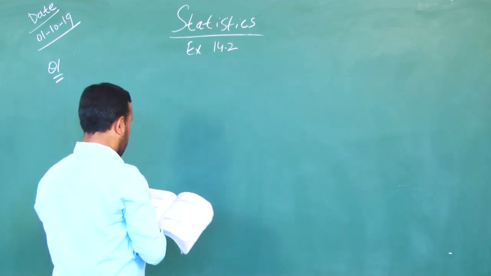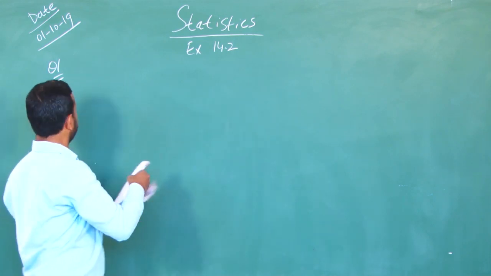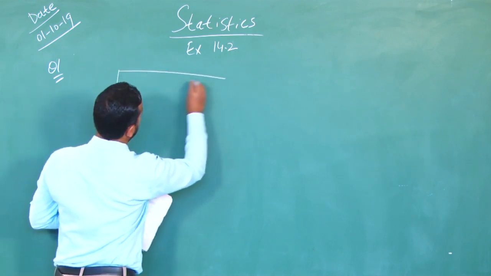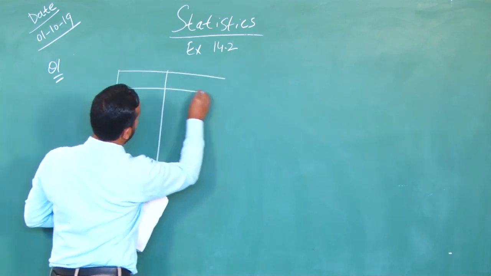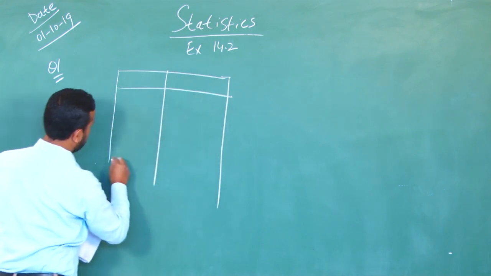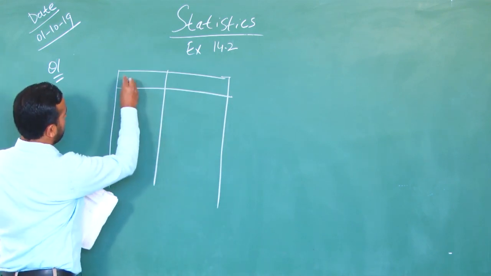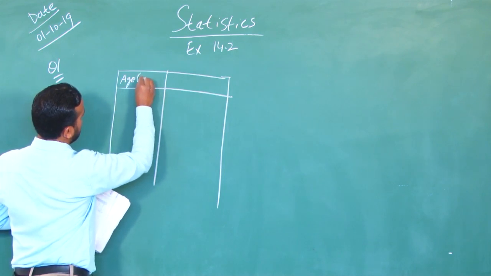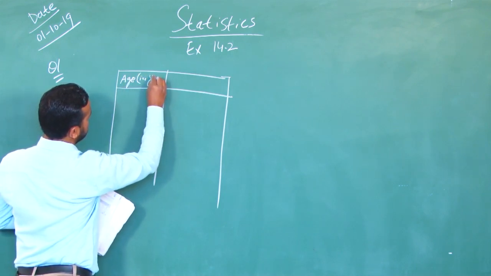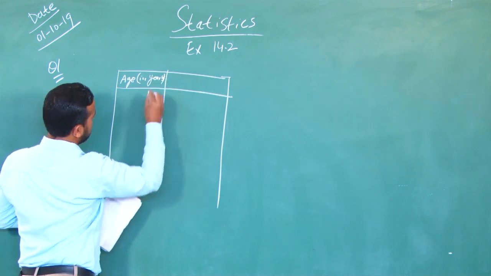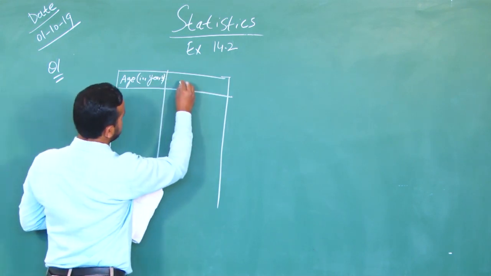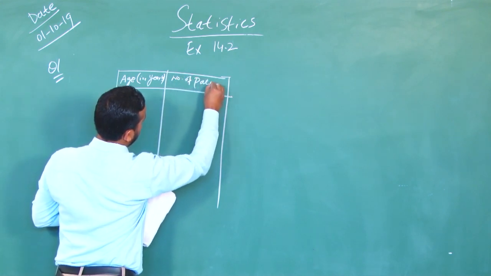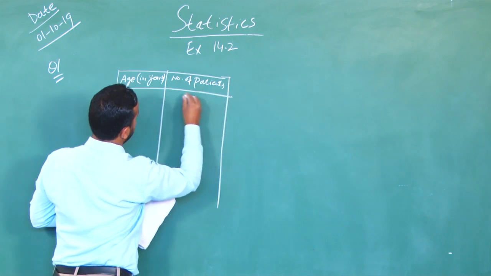Let us take the different values. First of all, there is age in years, the age of the patients, and the number of patients, for which the data values are also given.